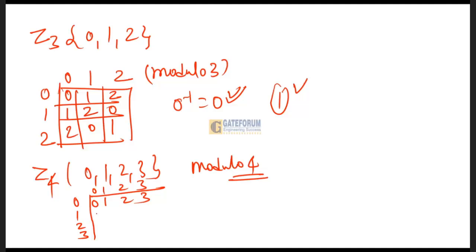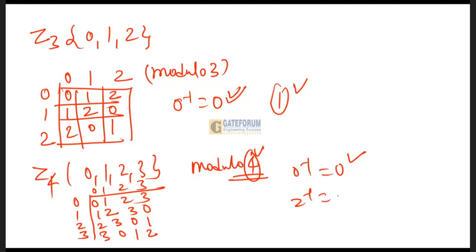If it is 1, then 1, 2, 3 and then 0. If it is 2, then 2, 3, 0, 1. If it is 3, then 3, 0, 1, 2. Just modulo 4. Here the self-inverse elements are 0 inverse equal to 0, and 2 inverse equal to 2. So again we got 2 entries.